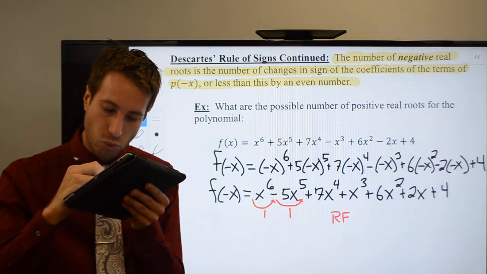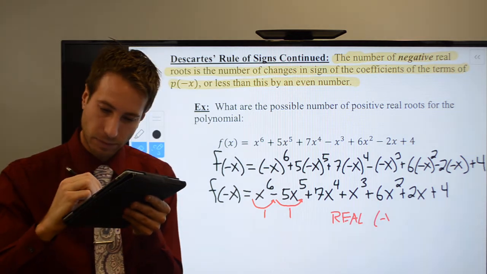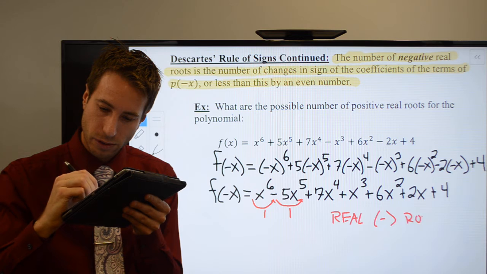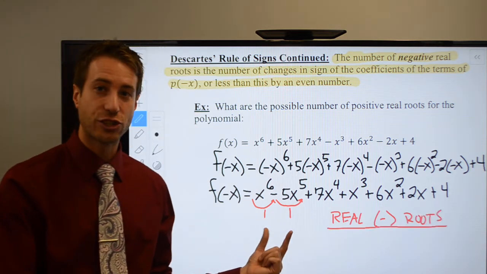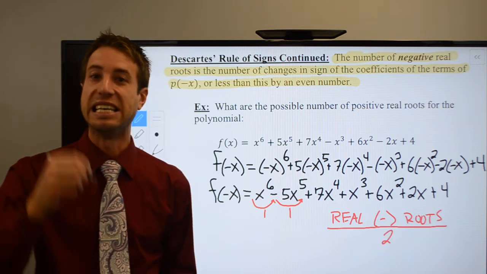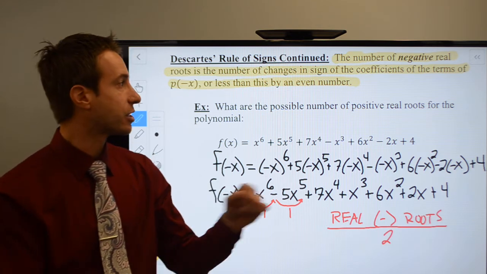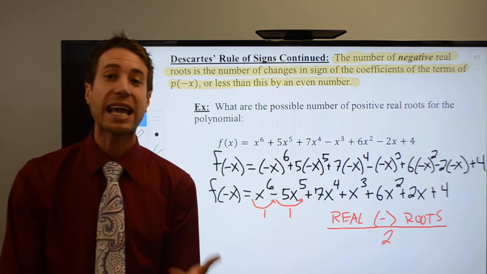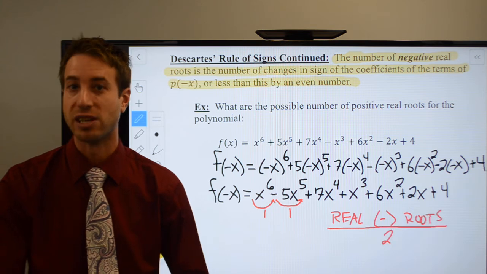This is going to be real negative roots. And here's what I've got. I have two sign changes, so that means at most I will have two negative real roots. But Descartes' rule says it could be less than that number by an even amount, which means my only other option is 0.